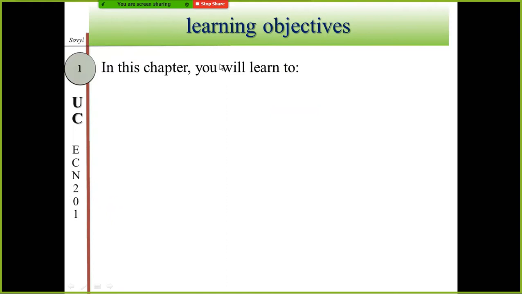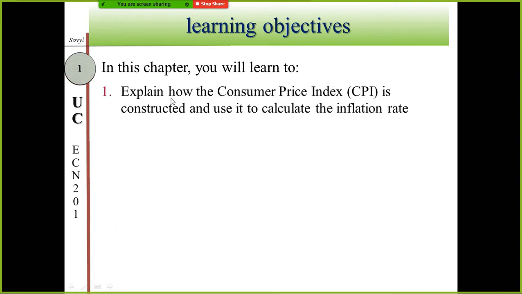Okay, these are the objective points for this chapter that we need to learn. In this chapter, you will learn to explain how the Consumer Price Index (CPI) is constructed, or is computed.